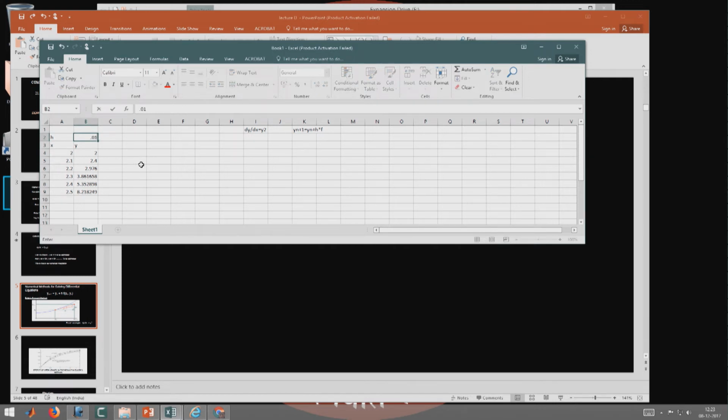0.01. Okay, as you can see here. You can also check out what the actual value is.